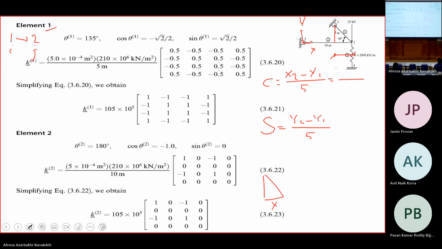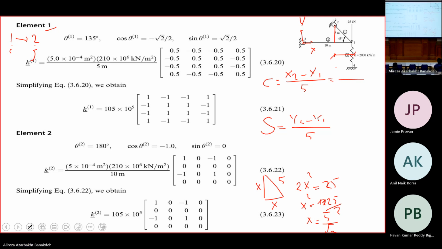If it's x, that's 45 degrees. This is x as well. This is 5. So it means that 2x squared is 25, x squared is 25 divided by 2. x is 5 divided by square root of 2. Yeah, that's fine.